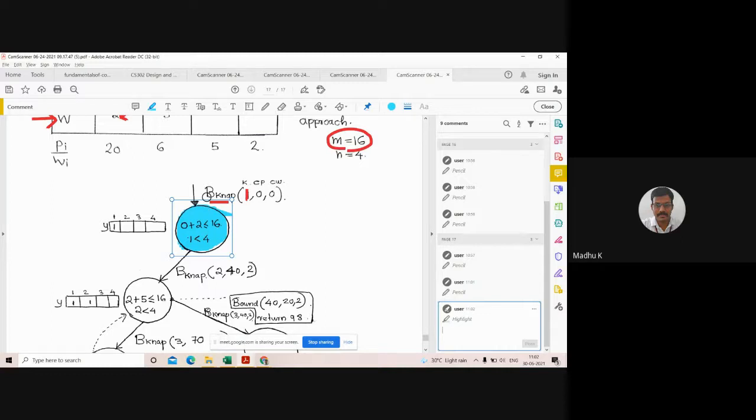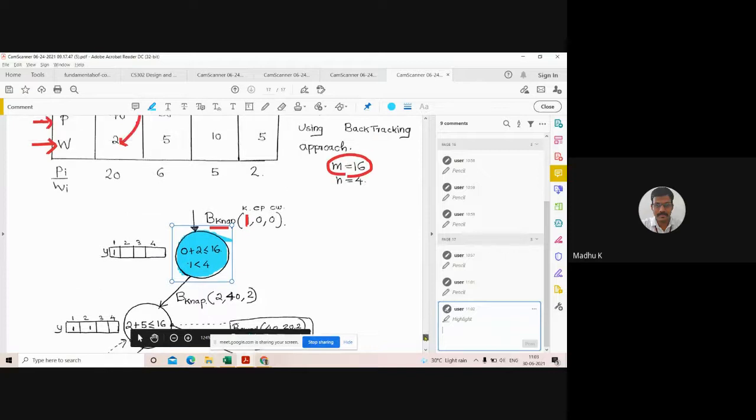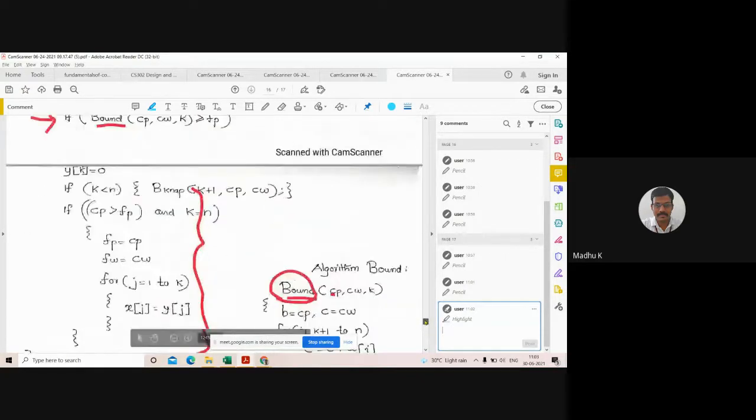I called knapsack with the values 1, 0, 0, and then I started executing knapsack. That is actually the state.